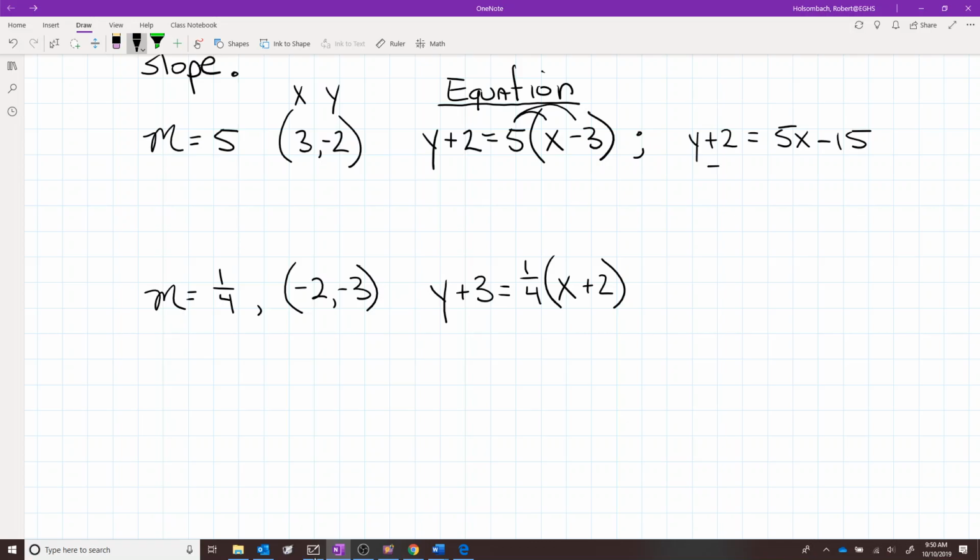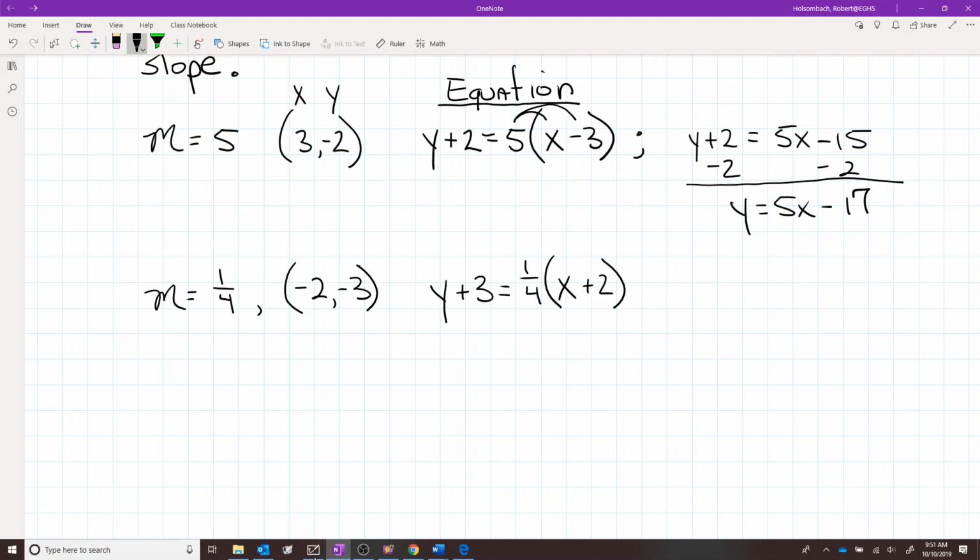If you subtract 2 from each side, then y equals 5x minus 17. And that's an equation of the same line, but in slope-intercept form. That's crazy. Easy, right? Okay.